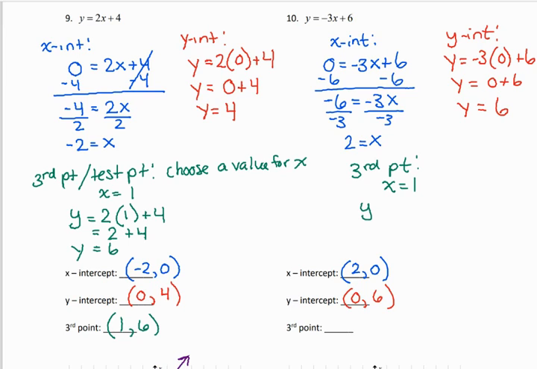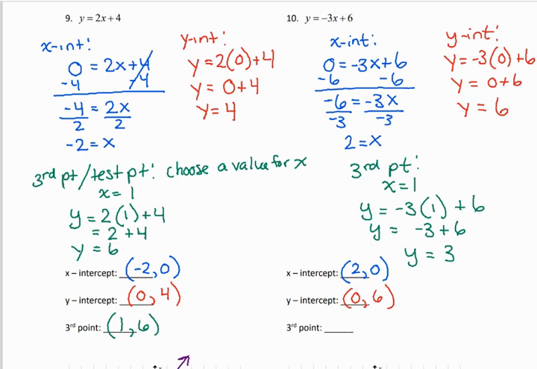That means it'll be y equals -3 times 1 plus 6. We'll calculate that. -3 times 1 is -3. And then -3 plus 6 gives me +3.